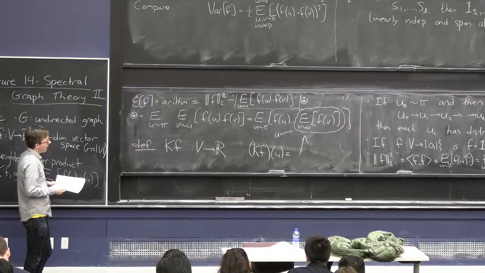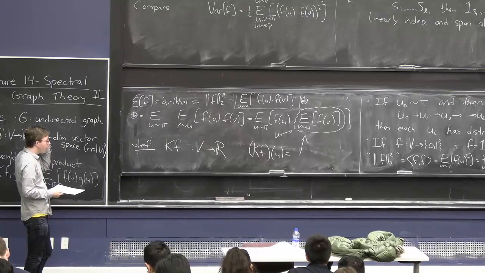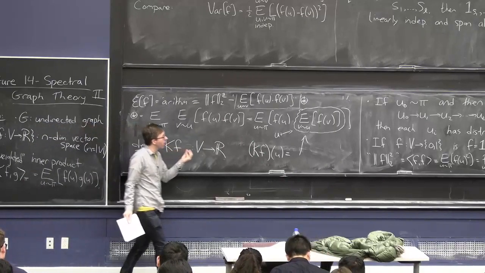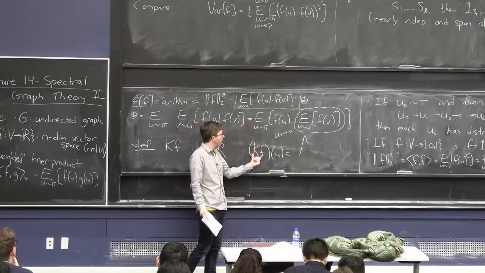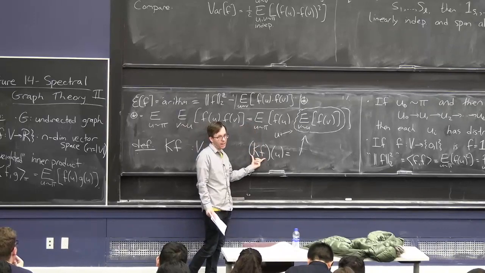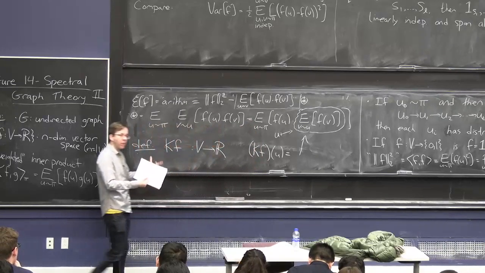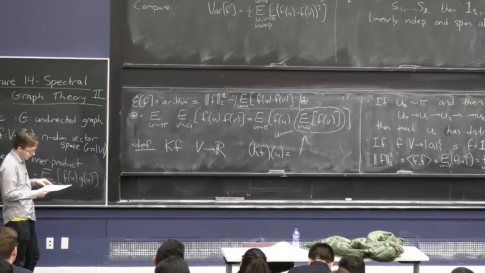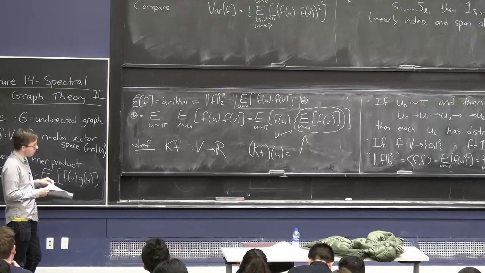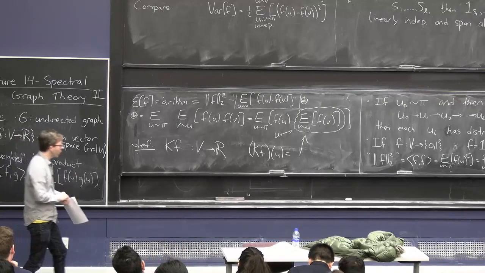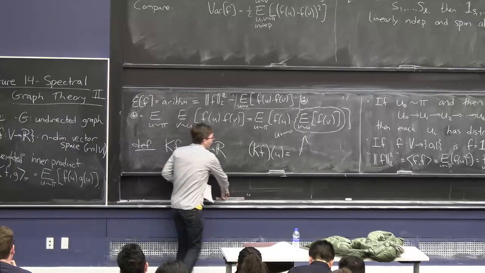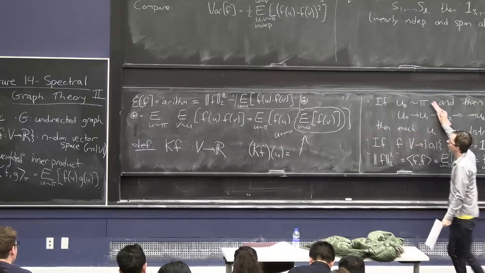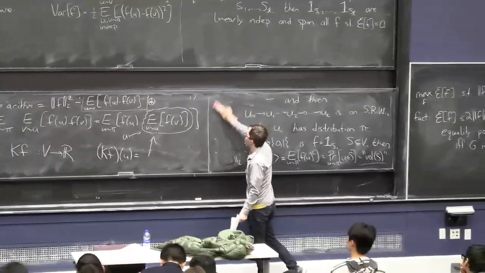So why do I write it as Kf? Well, you see this process of going from the original function f to this new function Kf is like an operation on functions. It replaces one function by a different function. And it's actually a linear operator in the linear algebra sense. So we have a mapping from vectors to vectors.